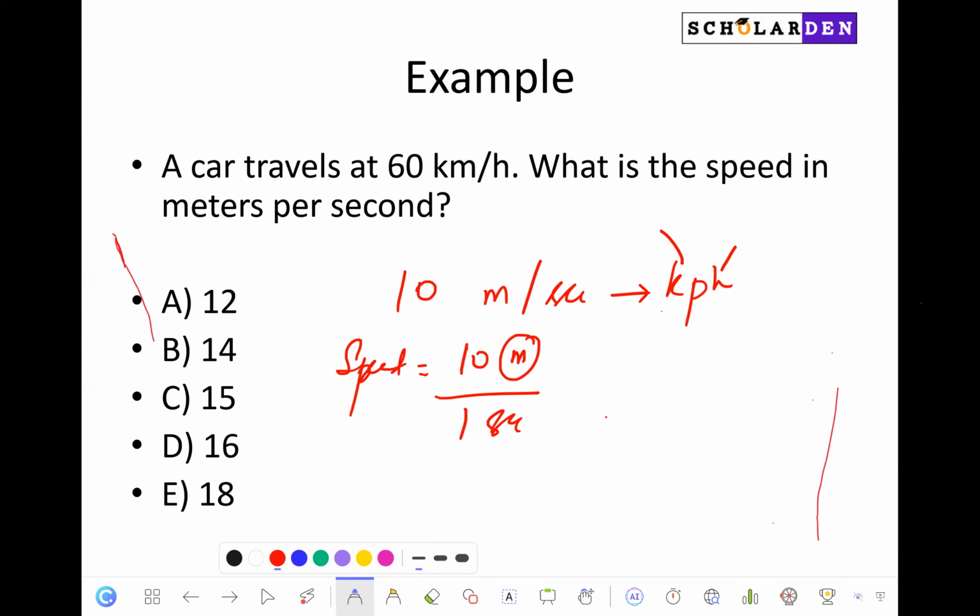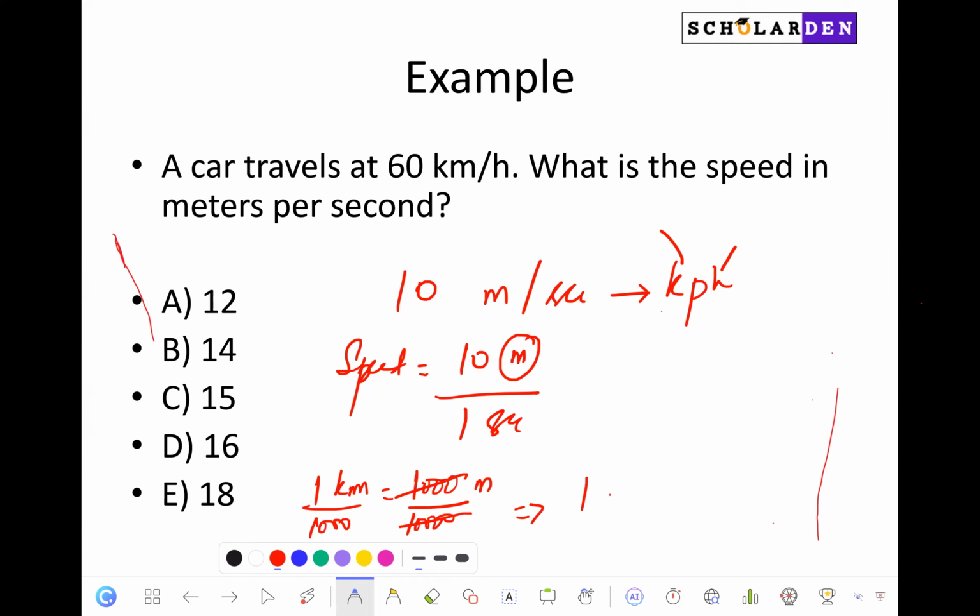In the same way, we want to convert this unit, meters, into kilometers. We know that 1 kilometer is equal to 1,000 meters. Because we want to convert this 1 meter into kilometers, we divide both sides by 1,000.